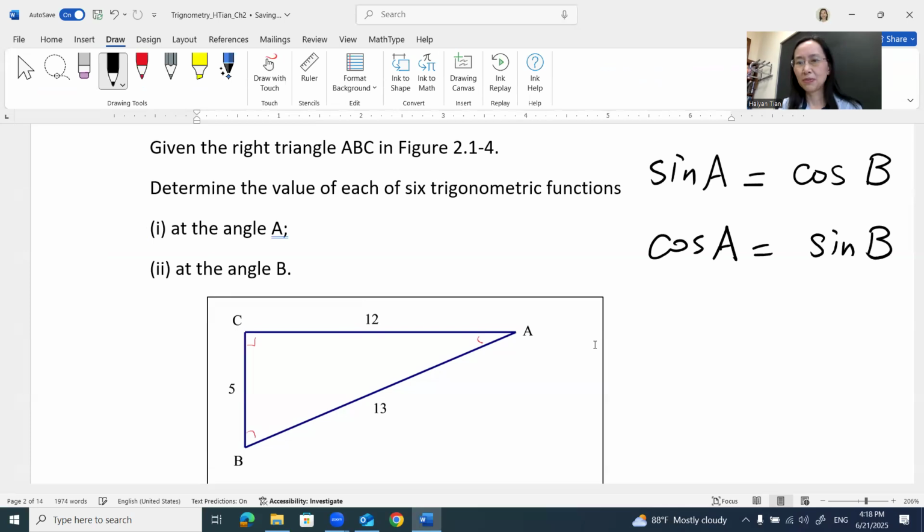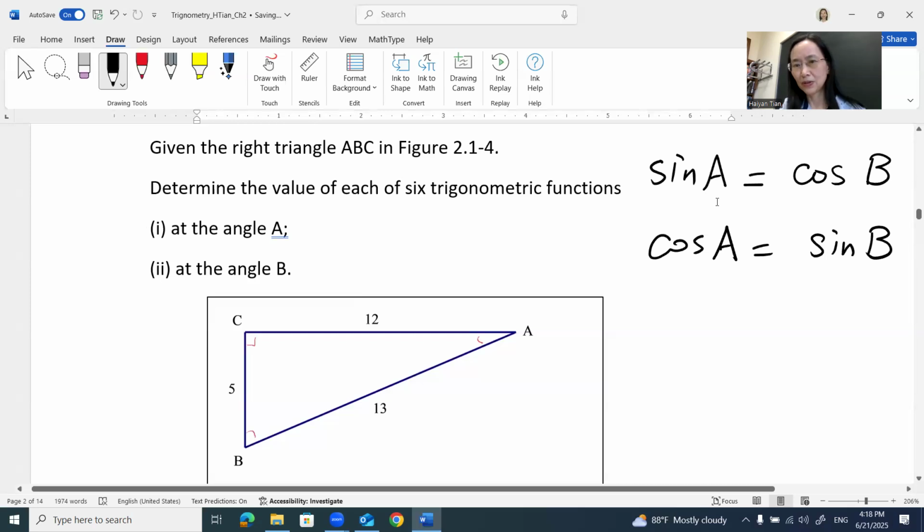They're just complementary to each other. So whenever they're complementary, then the sine value of the one angle is the cosine value of the other.